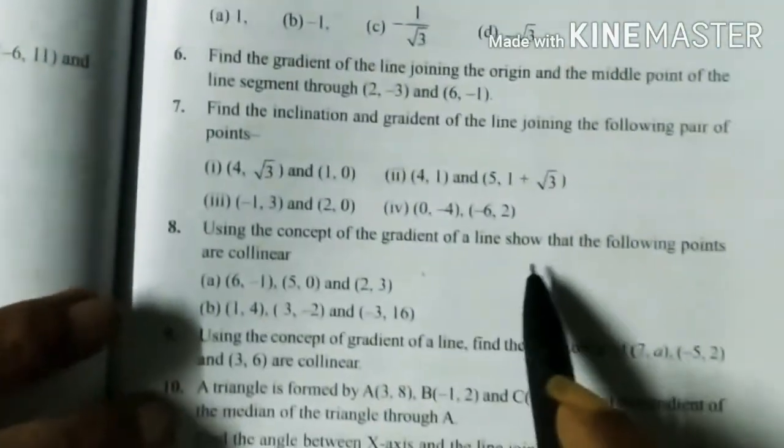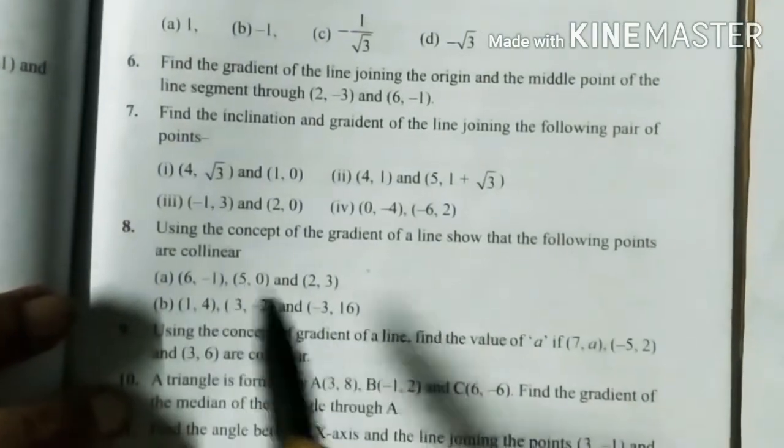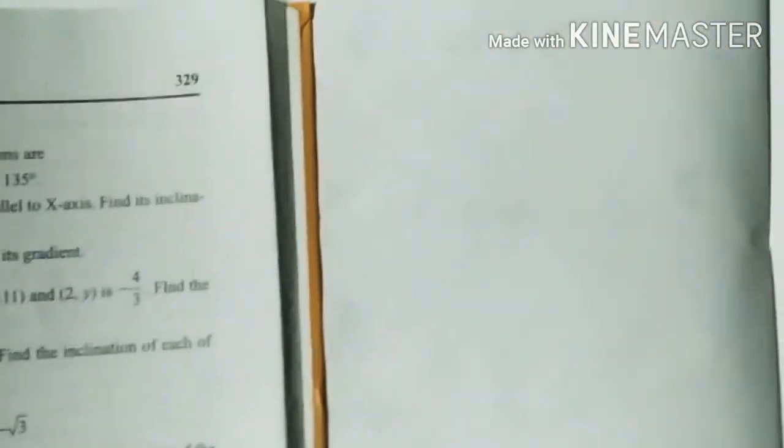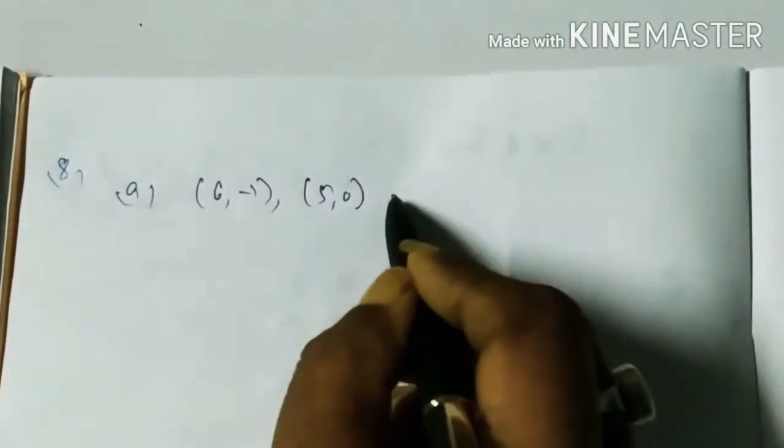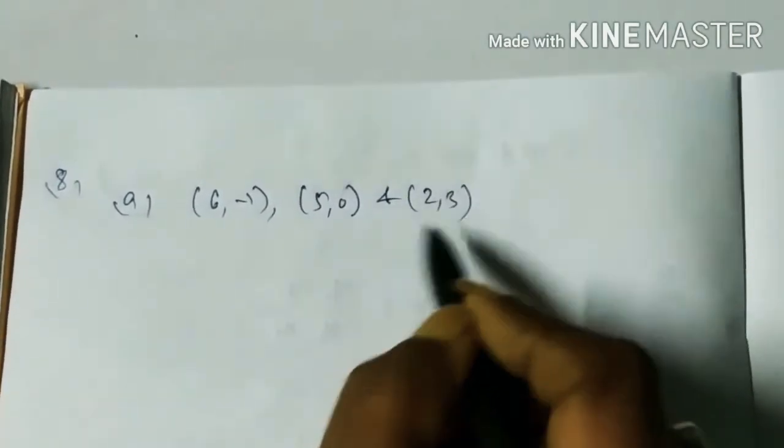This is question number 8. Using the concept of gradient of a line, show that the following points are collinear. The points are A (6, -1), (5, 0), and (2, 3).